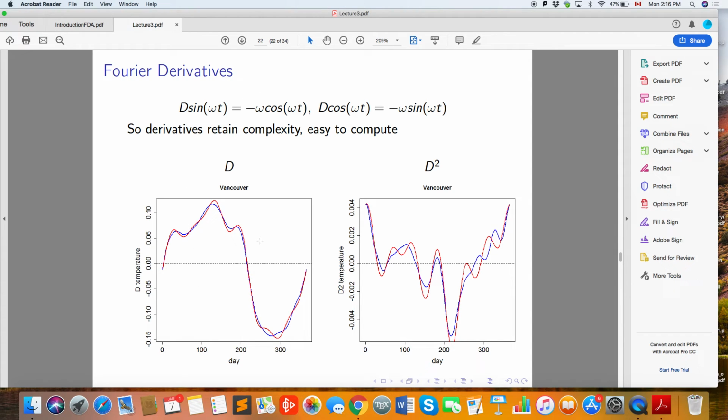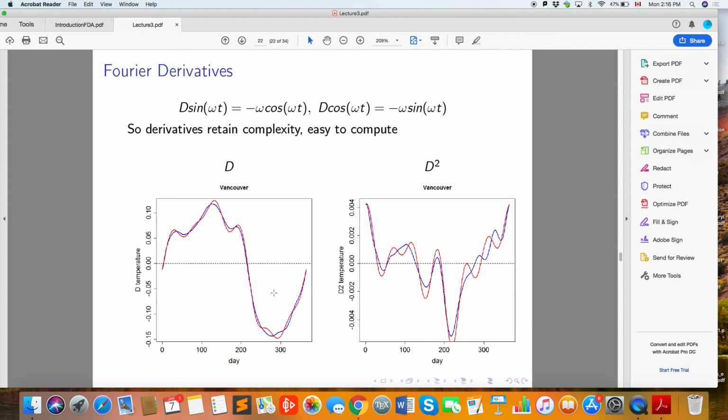Therefore, if we use the Fourier basis functions, we are not only able to capture the temperature curve very well, we are also able to estimate the first and second derivatives reasonably well. Okay, so this is another benefit of the Fourier basis functions.